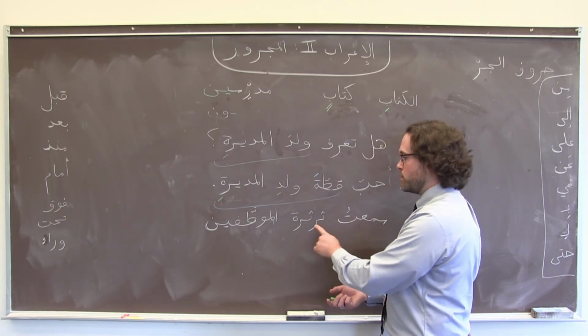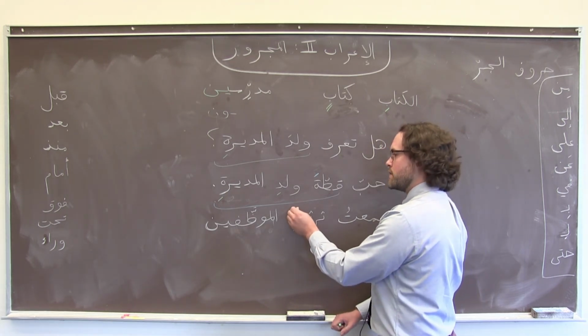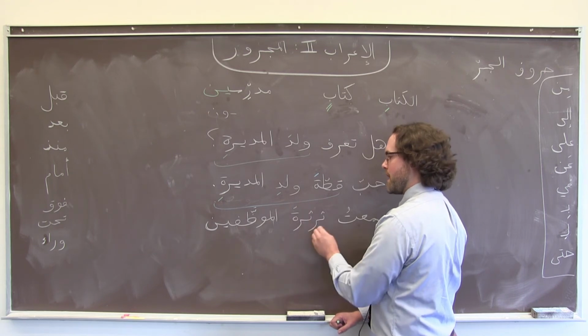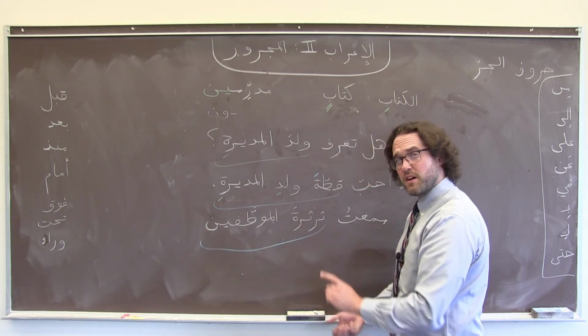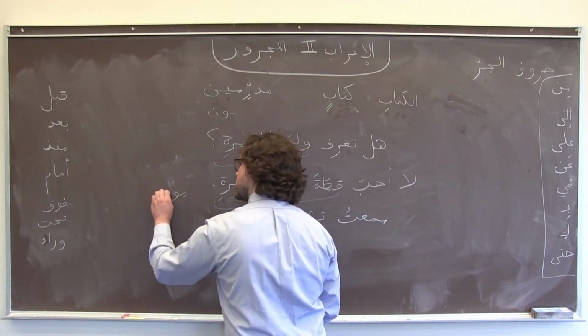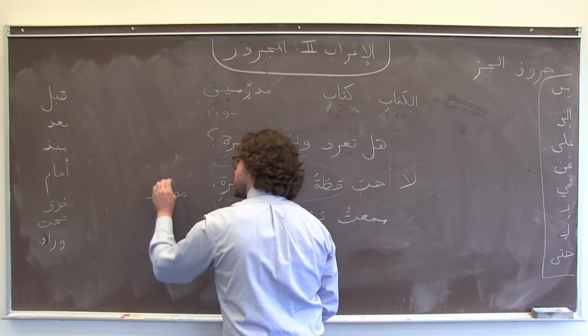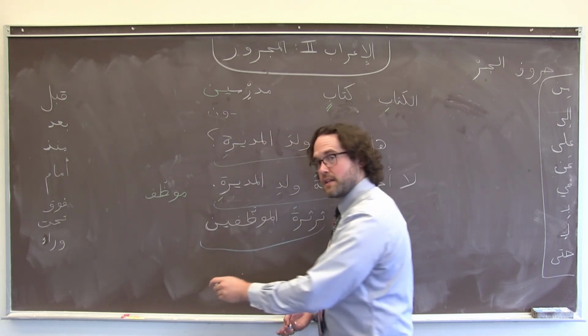Here, سمعت, a verb with a direct object, ثرثرة, so I bet you know what happens. It's going to be mansub with one fatha, because this is an idafa. Now, موظف in the singular would take a kasra.